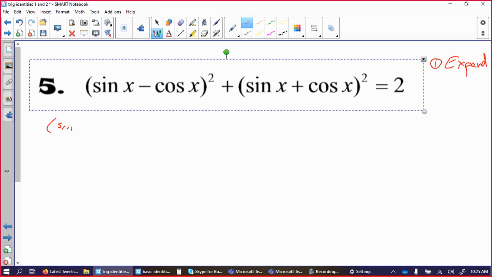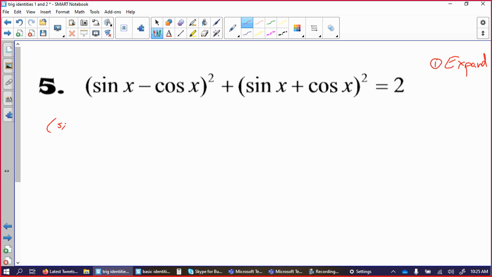So this is really sine x plus. For those of you who forgot how to do FOIL or expanding, this might be a little rough, but this is fundamentally all this one is.